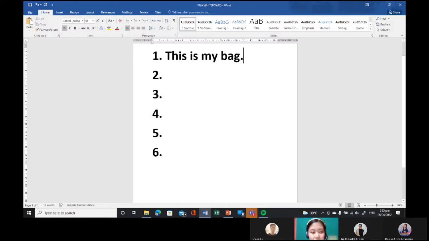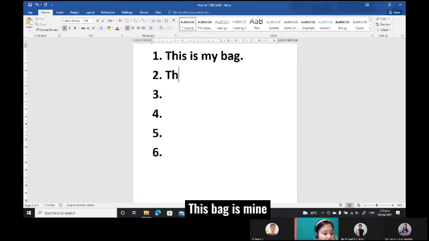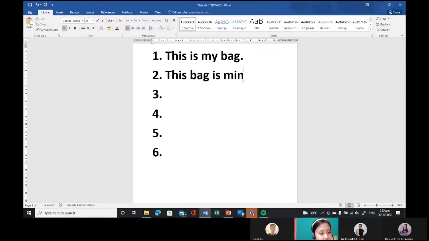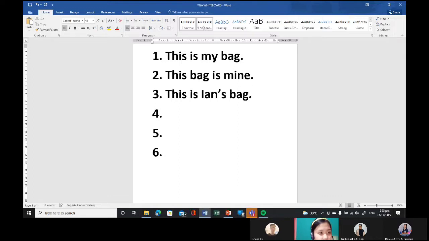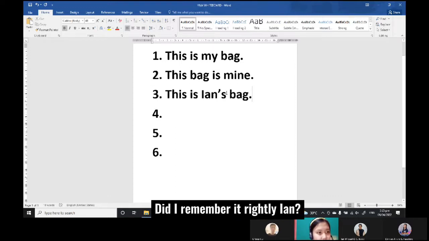And then this bag is mine. Then this is Ian's bag. Did I remember it rightly, Ian?